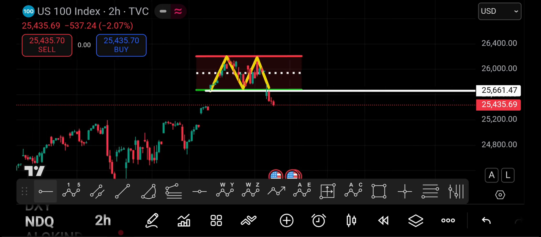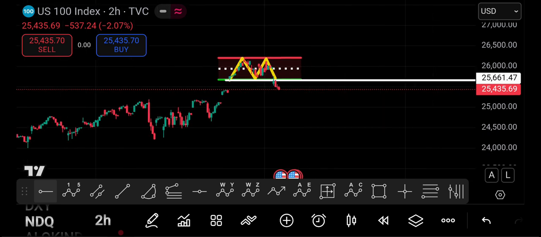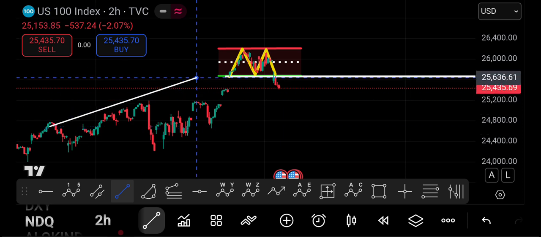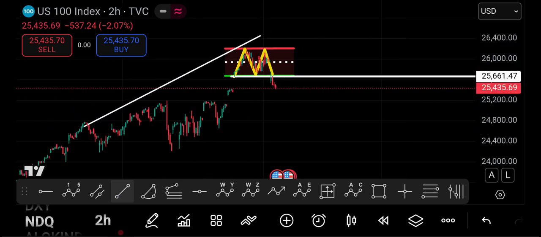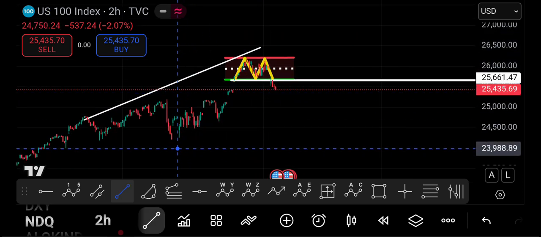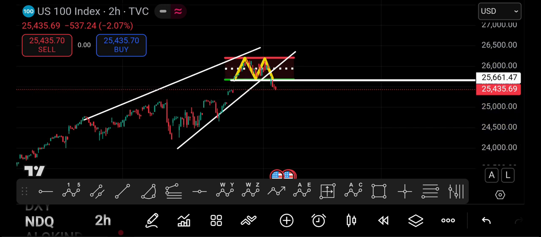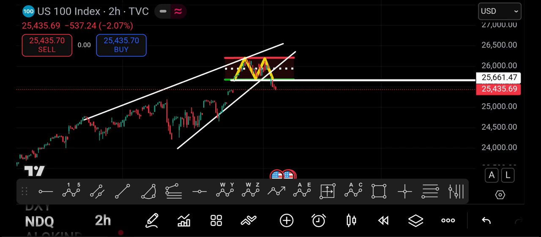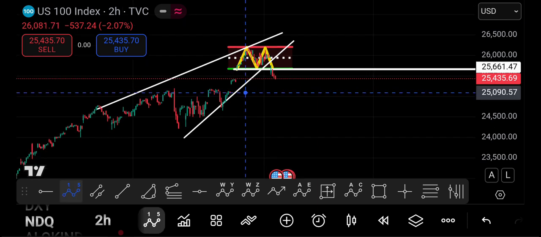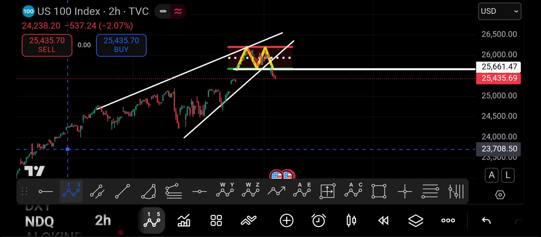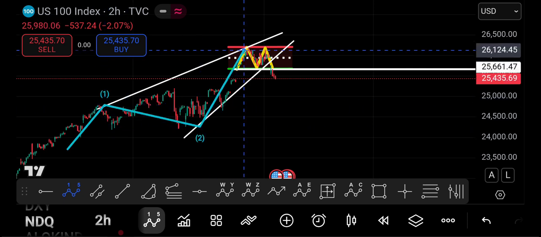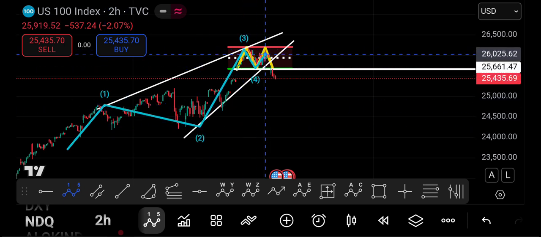Also, according to the Elliott wave, there is one more negative pattern. If you see over here, a terminal triangle impulse got triggered. As for the Elliott wave structure, if you take a closer look here, you will find this is wave 1, wave 2, wave 3, wave 4, and wave 5.